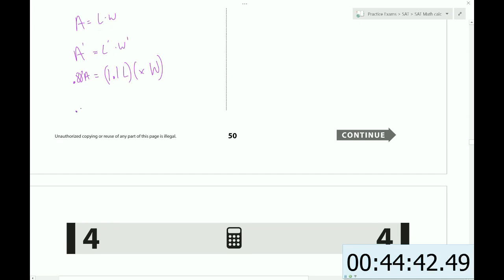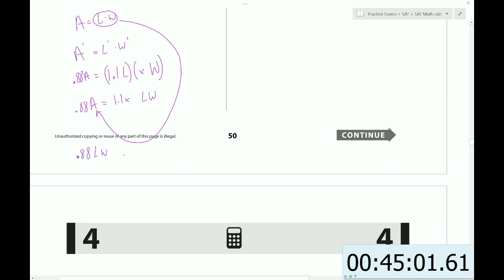Now it's time to put everything together. So we get 0.88A equals 1.1x times LW. We also know that A is equal to LW, so we could substitute that in here. So we get 0.88 LW is equal to 1.1x times LW.